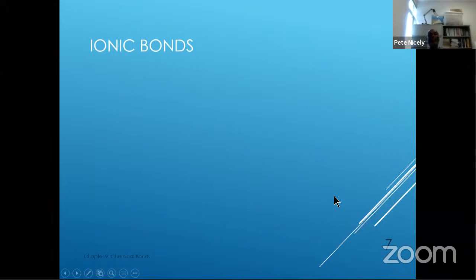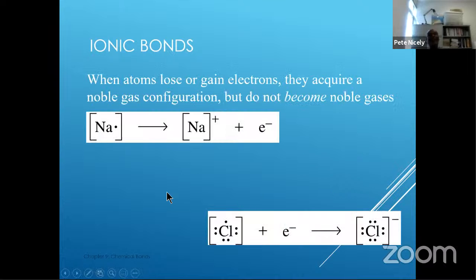Okay, so now that we have learned about Lewis symbols, we can understand how ionic bonds are formed. So remember we said that ions are formed as a result of atoms losing or gaining electrons. So if we look at the formation of sodium chloride, which I mentioned earlier, right? In the case of sodium, sodium has one electron on its outer shell, and therefore sodium will lose that one electron to form the sodium ion.